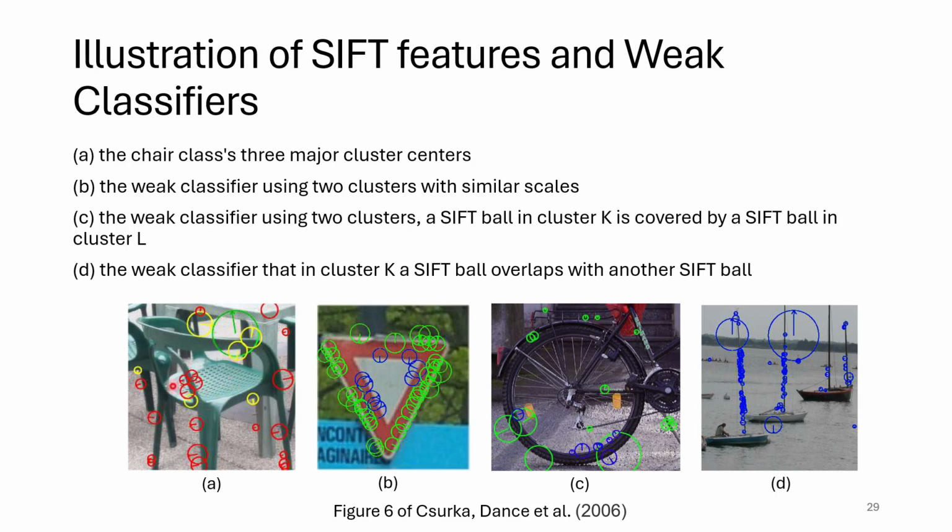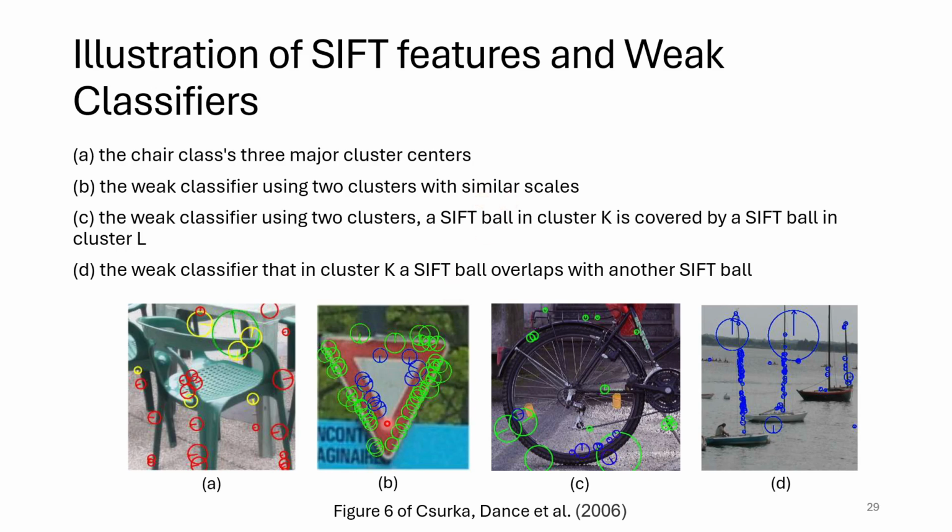So for the chair class, if there are some vertical edges and horizontal edges, and the scale of the edges is not very small, just belongs to a certain scale, then it is likely a chair. And for the road sign, they found the most useful weak classifier is if there are two clusters with similar scales.